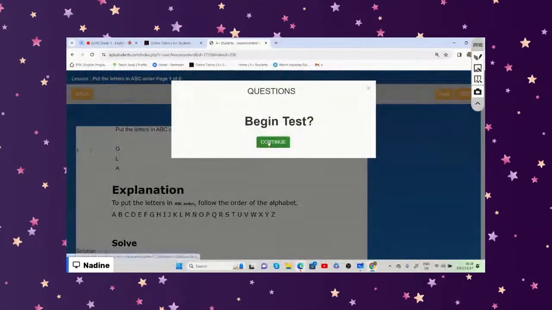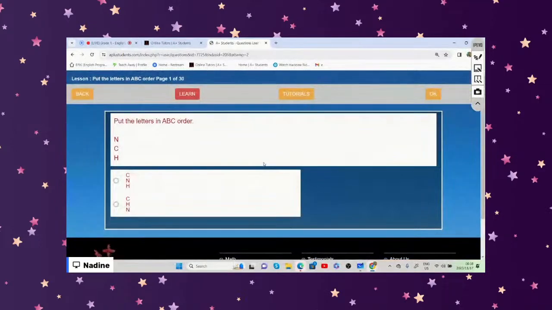So now let's go to our test where we are going to put certain letters in order. It says put the letters in A, B, C order. We have N, C, and H. If we put it in order, are we first going to have C, N, H, or C, H, N?